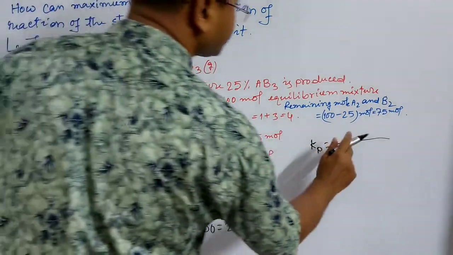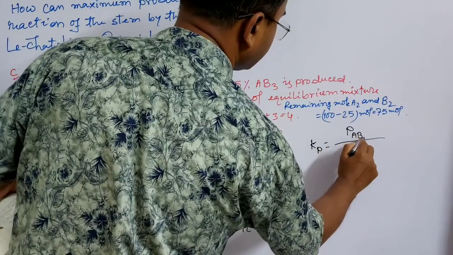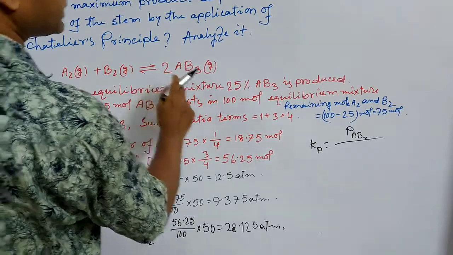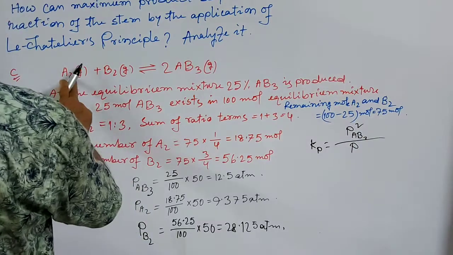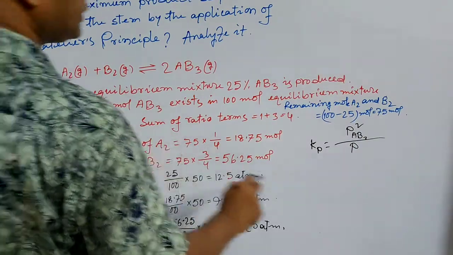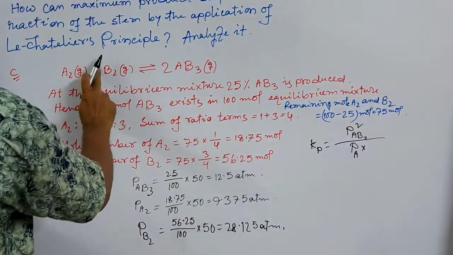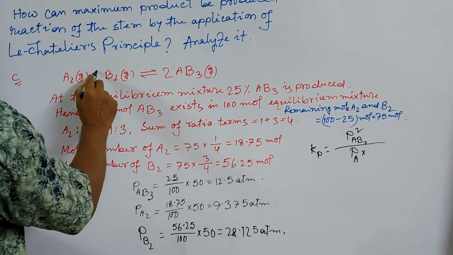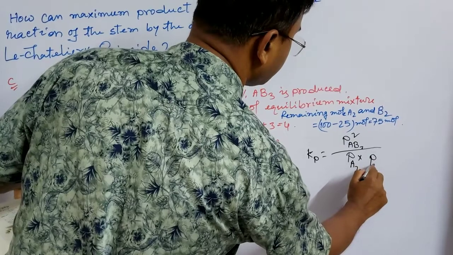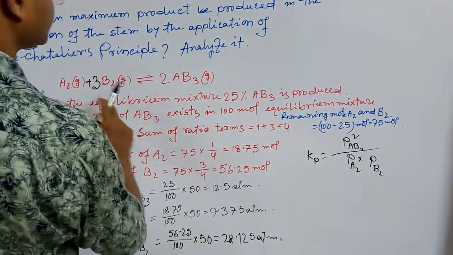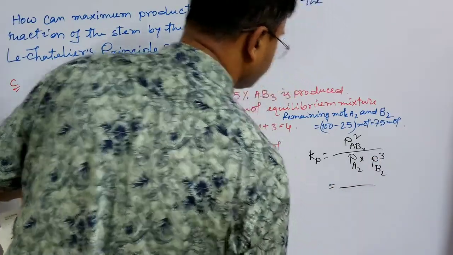Here product is AB3, PAB3, and the coefficient of product is 2, divided by partial pressure of reactant A2 into partial pressure of B2, and the coefficient is 3. That's why I have to write here 3, and then put the values of partial pressures.